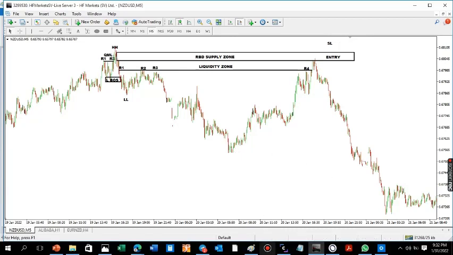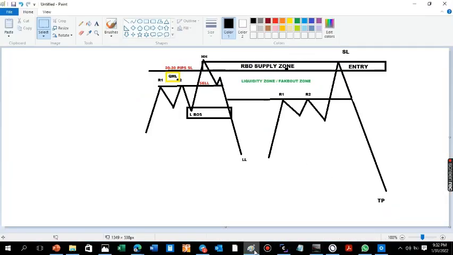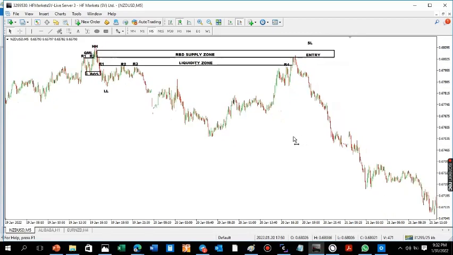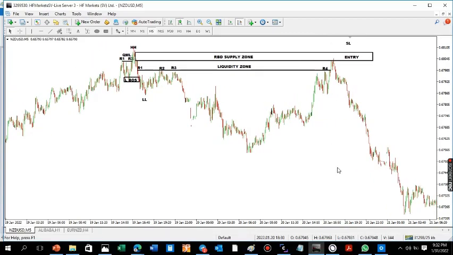This was amazing, guys. Okay. So as you can see, what I've shown you here is the same setup that happened. Very nice setup. Everything simple and straightforward. Nothing complicated here, guys.